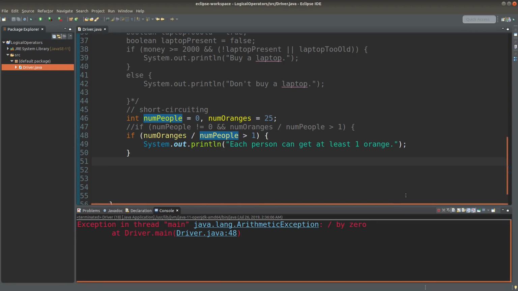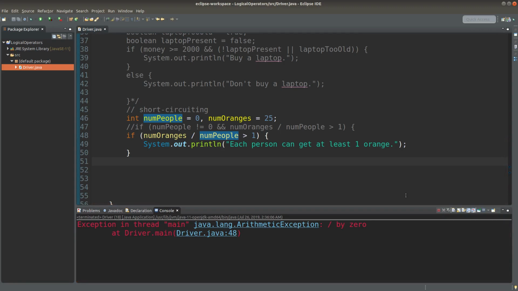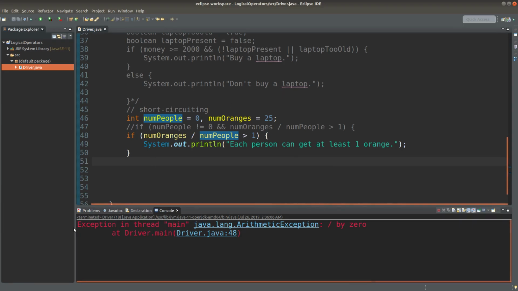So after introducing so many properties of logical operators in this video, I hope you are able to utilize them, and you are also able to utilize the short-circuiting property to prevent the occurrences of some exceptions. For example, this division by 0 exception shown in this video.